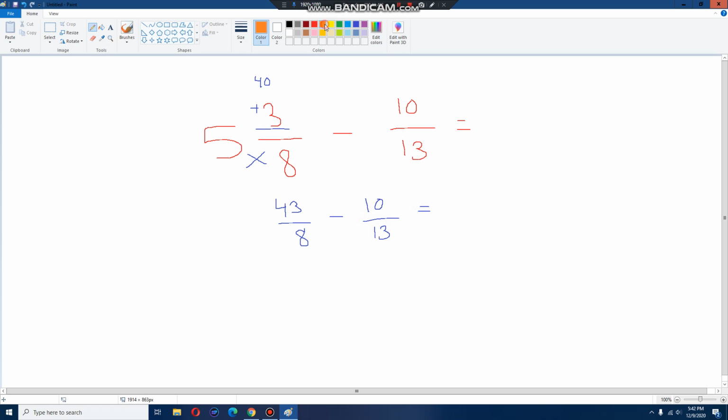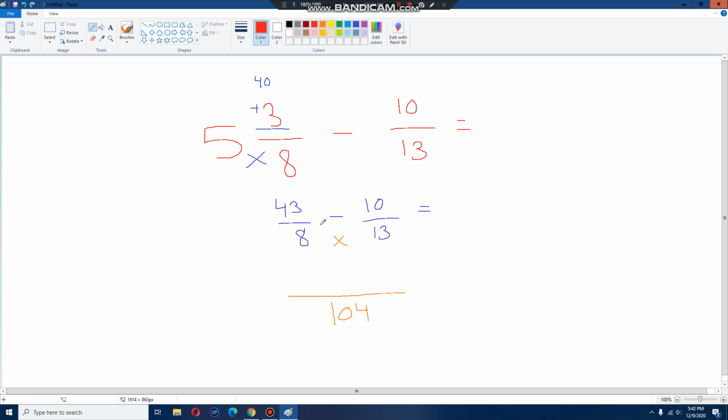All you got to do is check the denominators. They are different, 8 and 13. So what do we do with them? You simply multiply them. 8 times 13. And I'll use my trusty calculator here for a second. So 13 multiplied by 8 is 104. And now cross multiply.